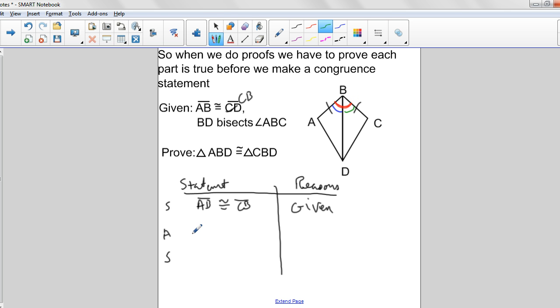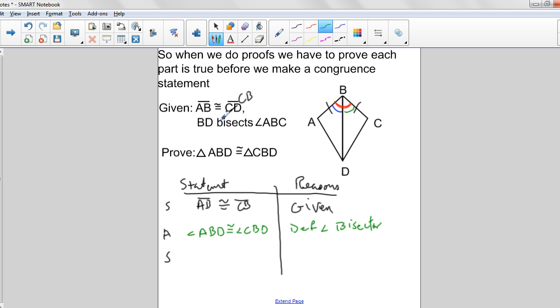So angle ABD, that's the left side over here, B being the middle letter, is congruent to angle CBD. And how do we know they're congruent? Well, the definition of an angle bisector. When angles are bisected, it creates two equal angles, just like the definition of a midpoint creates two equal segments.